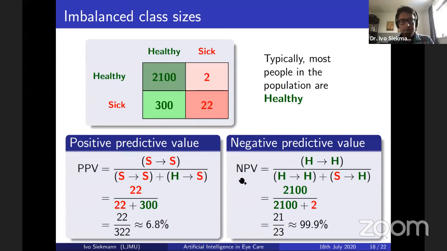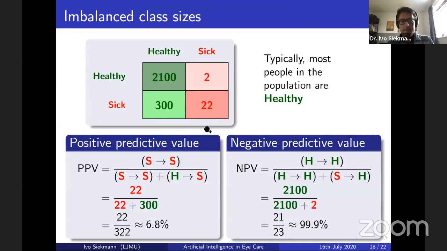Same thing here is that when we predict someone as healthy and the patient is actually sick, this does not happen a lot because sick patients are not very common in the population.